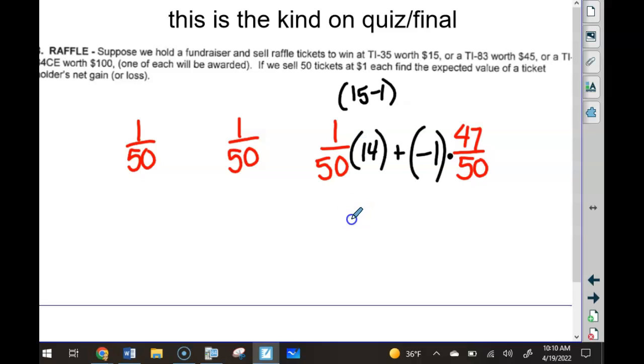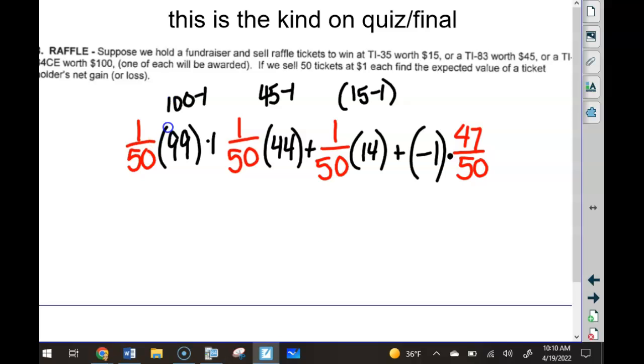Does that make sense, guys? The $45 calculator winner really only won $44 worth of prize. And the $100 calculator winner really only won $99 worth of prize because he had to pay for the ticket. All right.